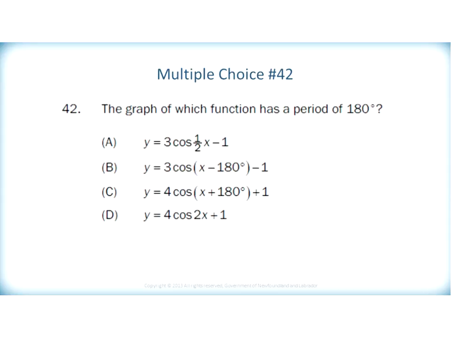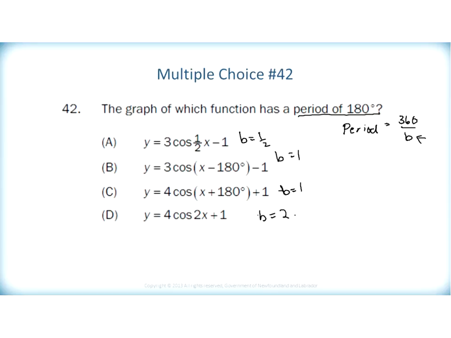The graph of which function has a period of 180 degrees? And to find period, we have the period equals 360 divided by b. And so if we were trying to figure out what our b are, we have a b here of 1/2, and here b is 1. Here b is 1 as well. And here our b will be 2.